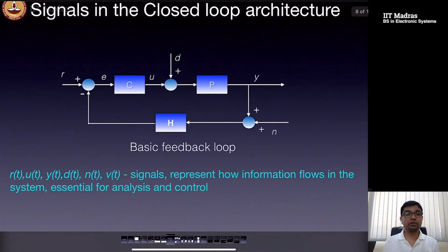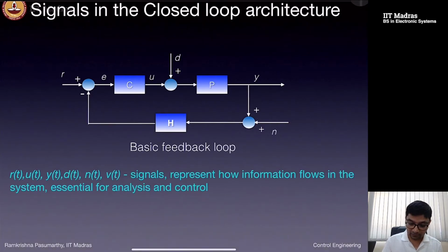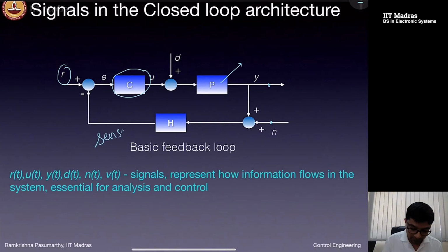Okay, now I go to a closed loop architecture, where again I have a plant which needs to follow a certain reference. I have a controller which computes the control law, and there's an output which is measured, subject to measurement noise. Here is my sensor output.